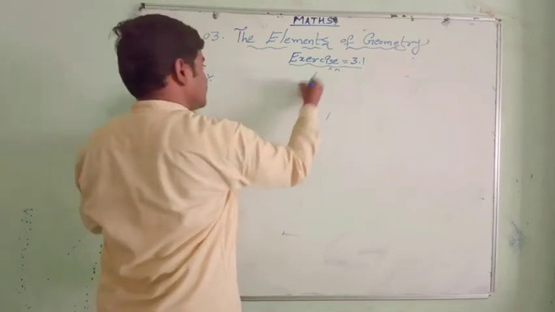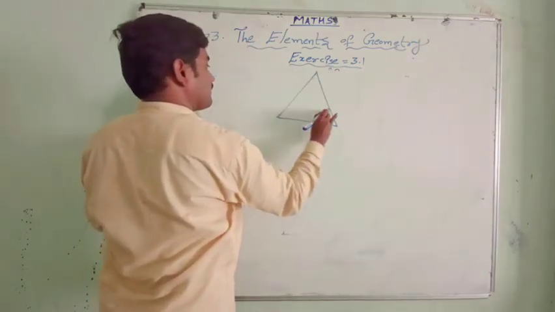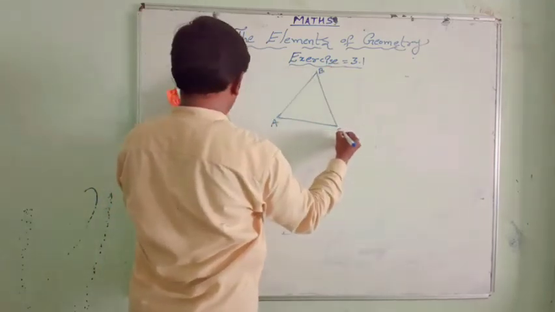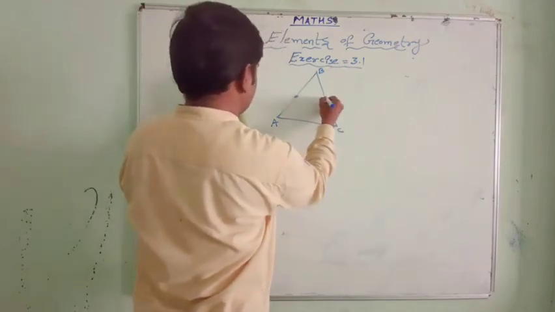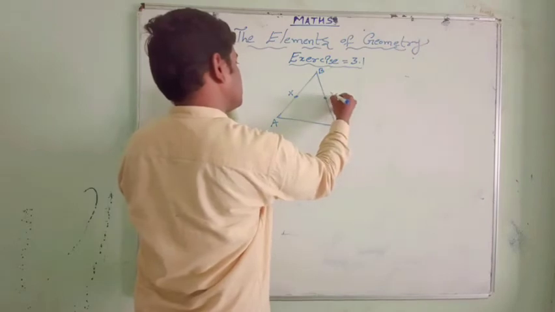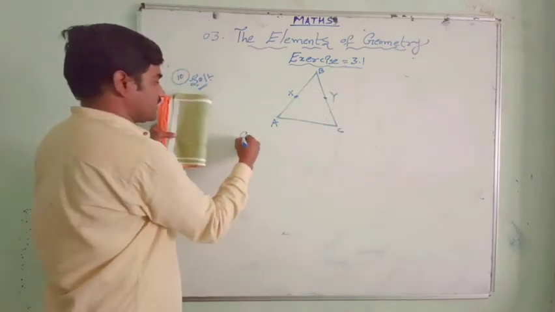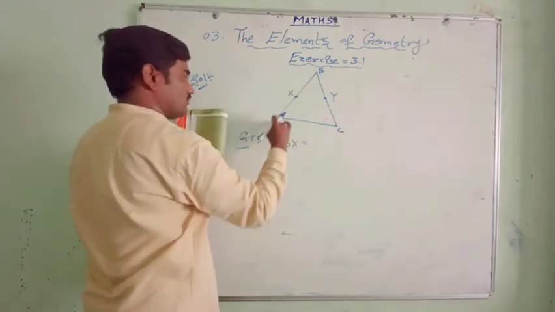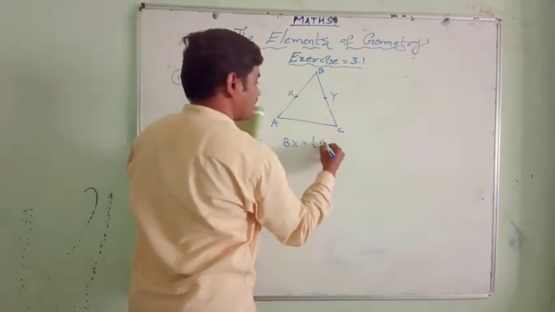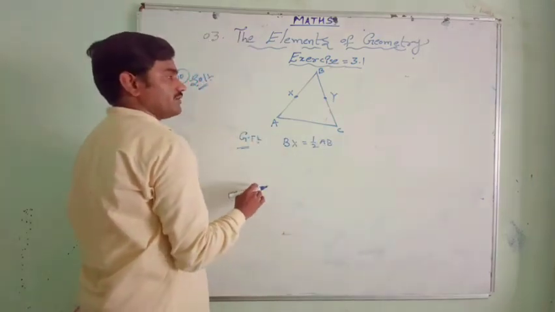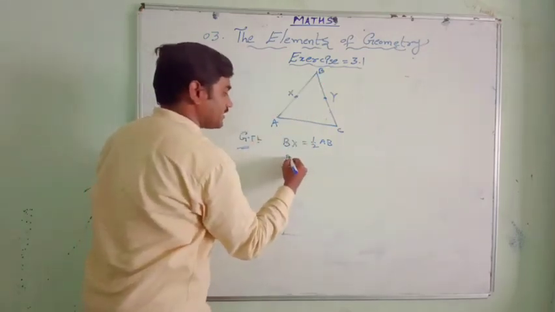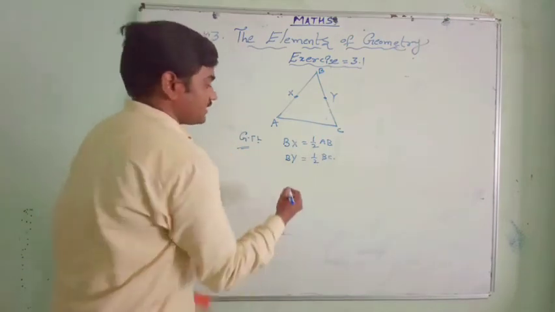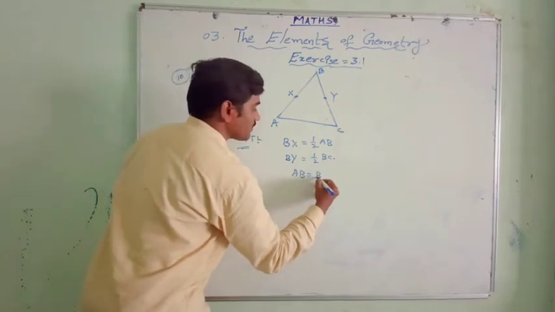In the adjacent figure, the figure ABC, with X and Y. Given that BX is equal to 1 by 2 AB, half of AB, and BY is half of BC. We are also given AB is equal to BC.